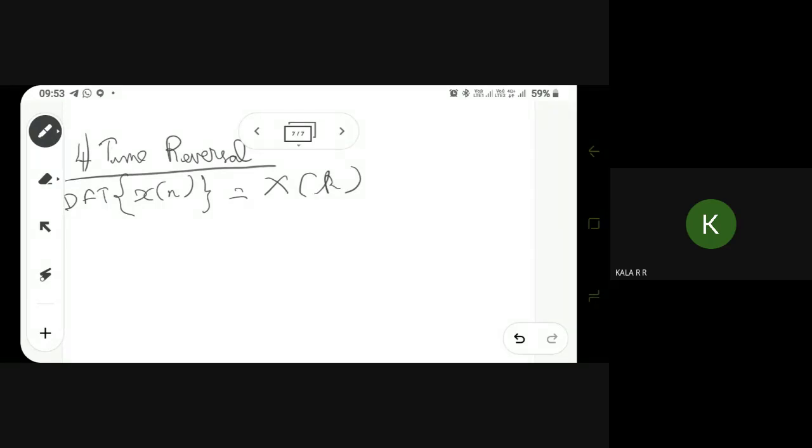Here what they are saying, as per your time reversal, is if the DFT is taken for x of n in an anti-clockwise direction. As we know, this will be your unit circle. In this unit circle, if you are taking the sampling at any random points, then it contributes to your DTFT.